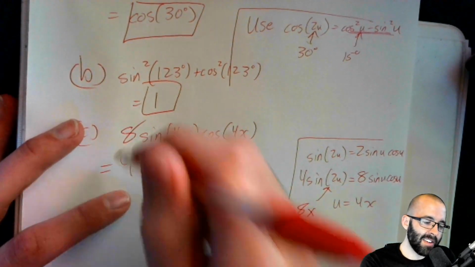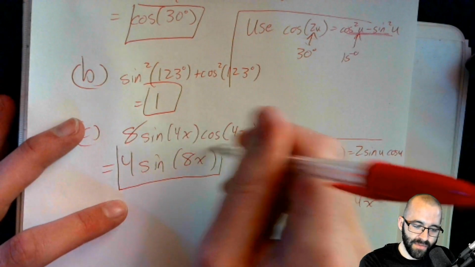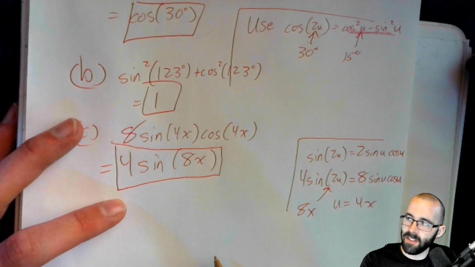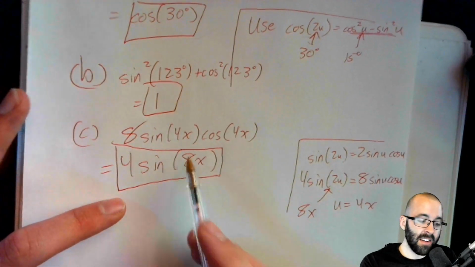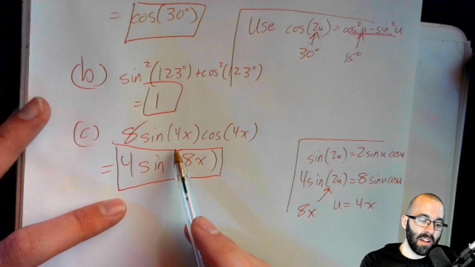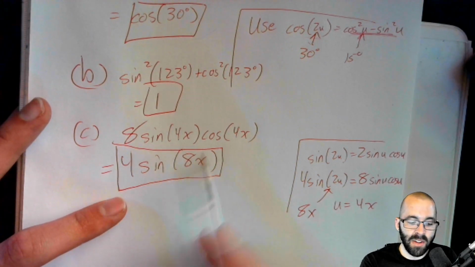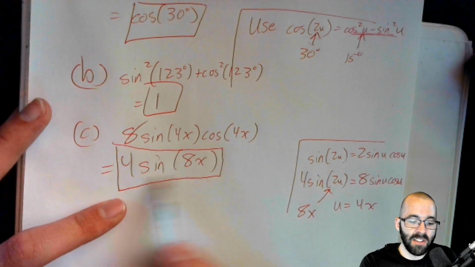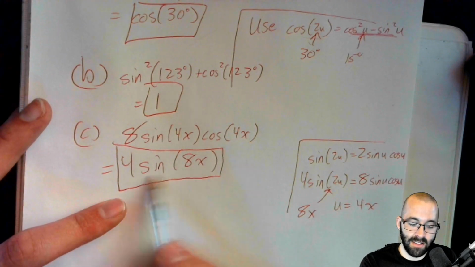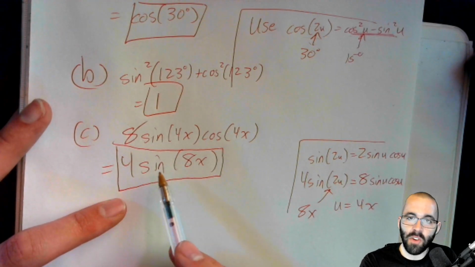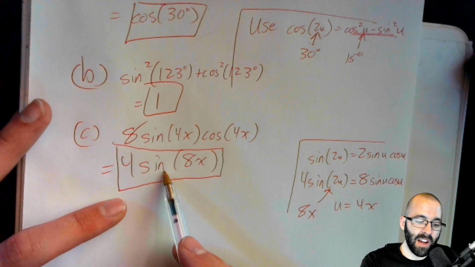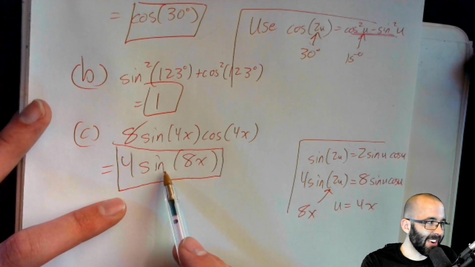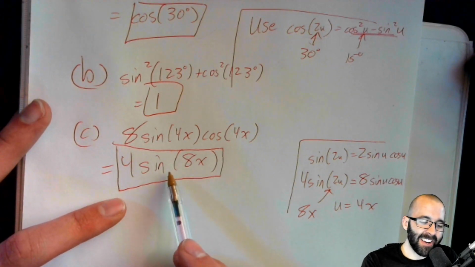And now we use an identity to make something look a little nicer. And again, if you are doing a calculus problem, this is much easier to integrate and differentiate. So much of what we're doing in this chapter is going to be very useful in calculus.